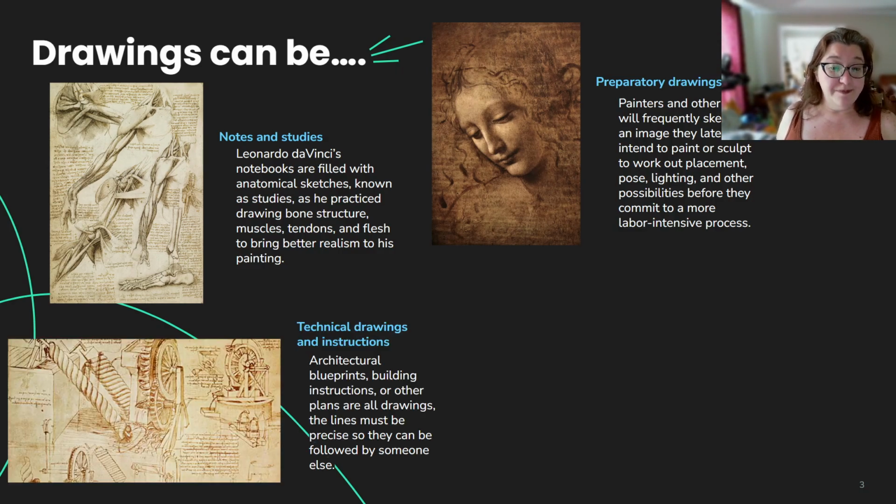Also, plans. So technical drawings, plans, instructions. Of course, this is Da Vinci's water screw that takes the water up the hill. So anytime you've had, I don't know, IKEA directions, Lego instructions, these sorts of things are illustrated.